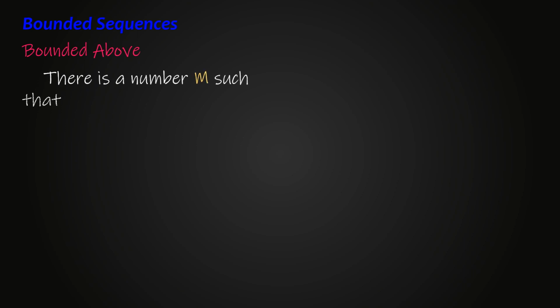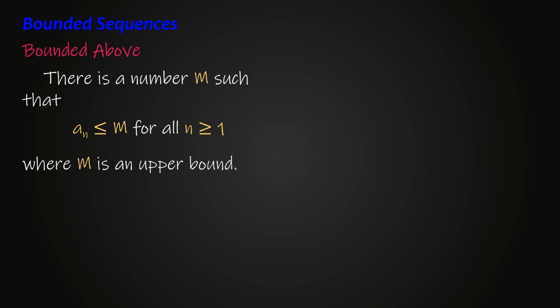Bounded sequences. Bounded above. A sequence is bounded above if there is a number m such that every term of the sequence is less than or equal to m, where m is an upper bound of the sequence.